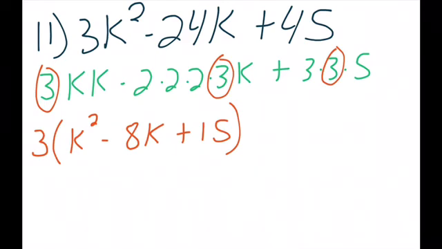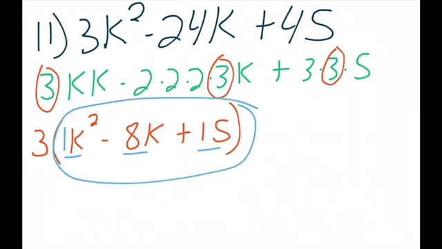But I'm actually not done, because I'll notice that right here I have a leading coefficient of 1 and a trinomial. So let's see if I can use X games now to factor what's inside here. I'm looking for two numbers that when added give me -8 and when multiplied give me 15.